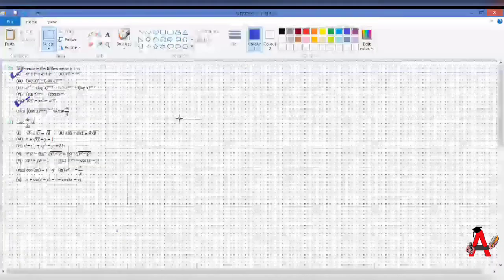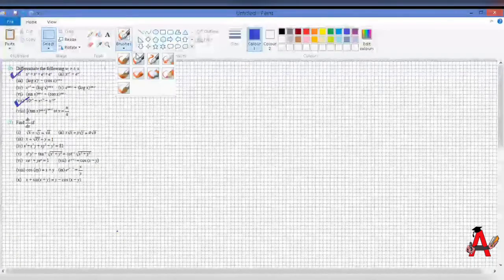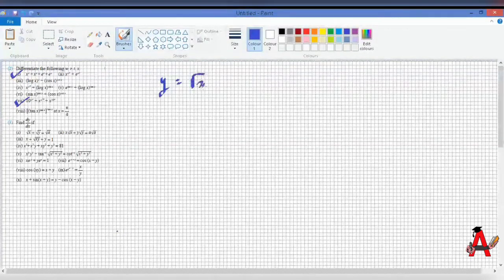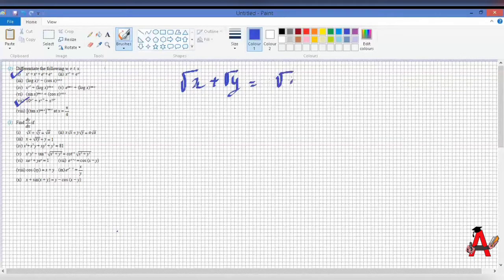This is similar to parametric. Now let me take the first question, where it is given as root of x plus root of y is equal to root of a.